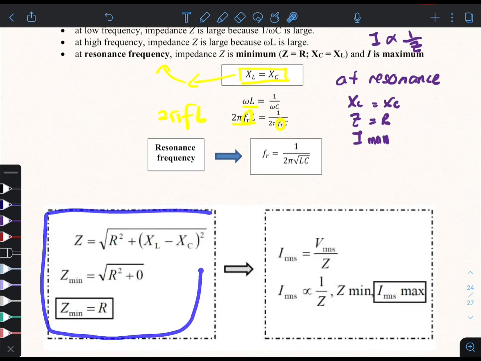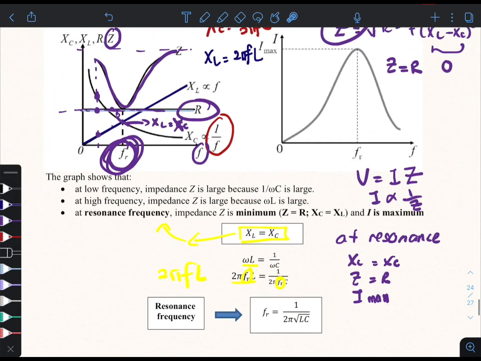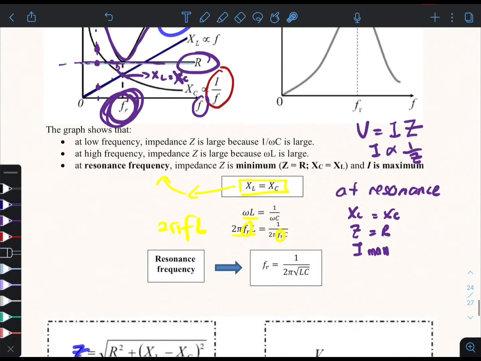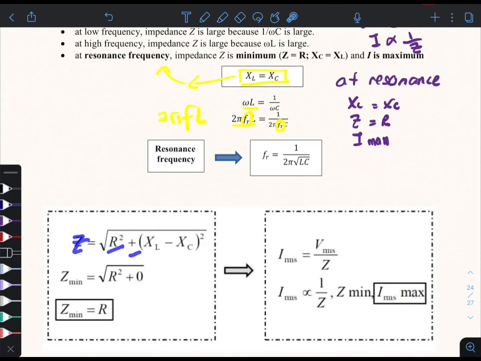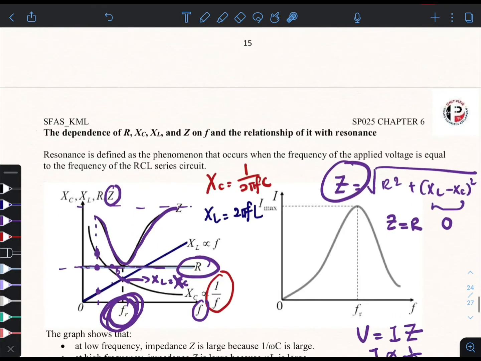So, this is the explanation at resonant. What is going to happen? Impedance kamu Z ni adalah hasil daripada root of R square campur XL minus XC squared. When you have XL is equals to XC, you get this summation here as 0. Therefore, Z kamu akan sama dengan R. Z ini kita panggil minimum. When your Z is equals to R, ini adalah Z yang paling minimum.